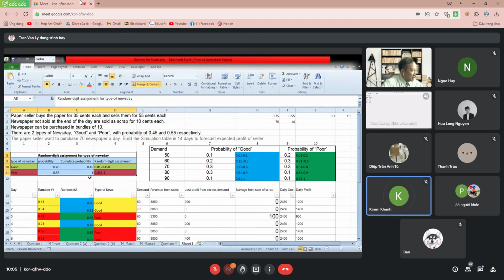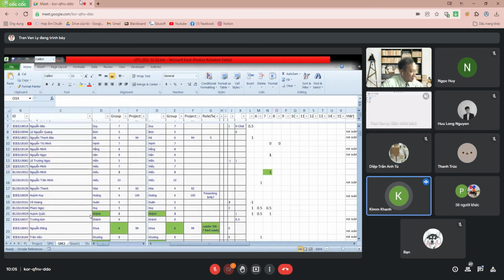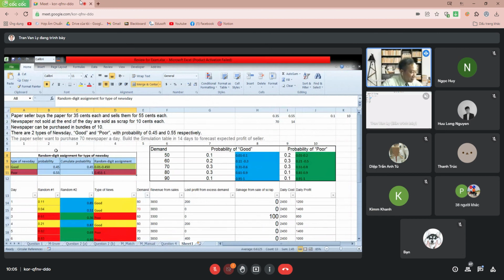Yes, teacher. What did I say? Don't worry, right or wrong. You said random number, yes. And what else? The first, you tabulate this table. Okay, good. You can see good here.